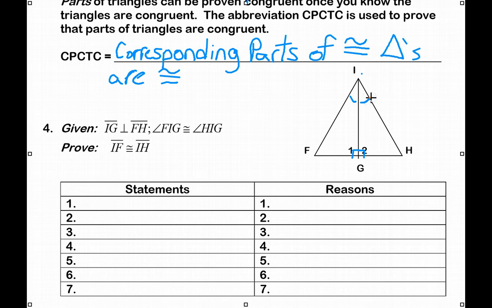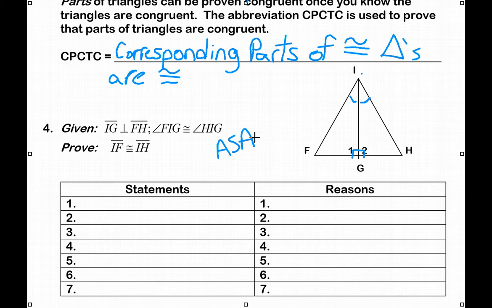Note, you cannot mark these congruent. That's what we're trying to prove, so you can't use that in the proof. I do know that they share a side right here. So I could prove these congruent by angle, side, angle.